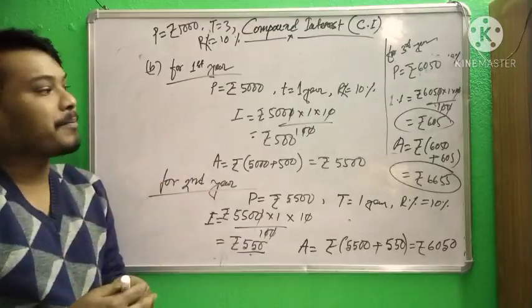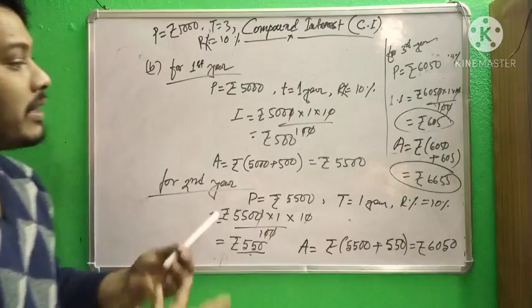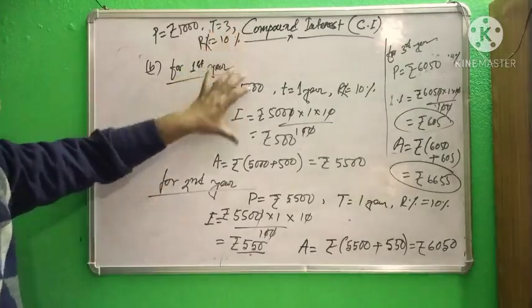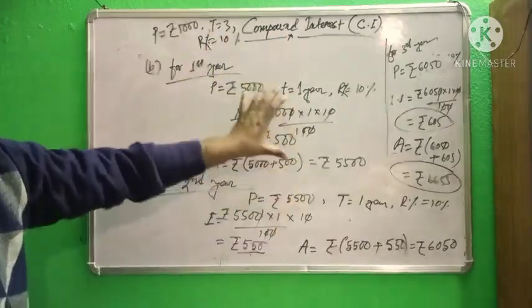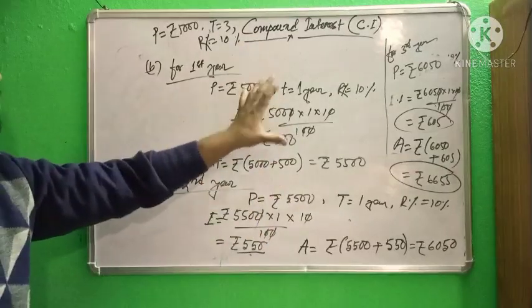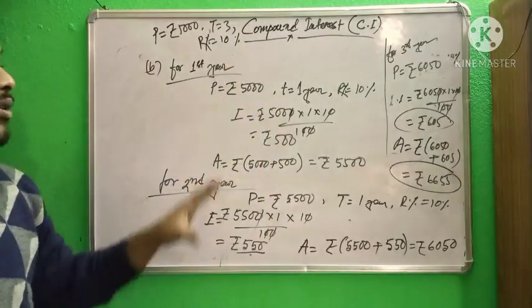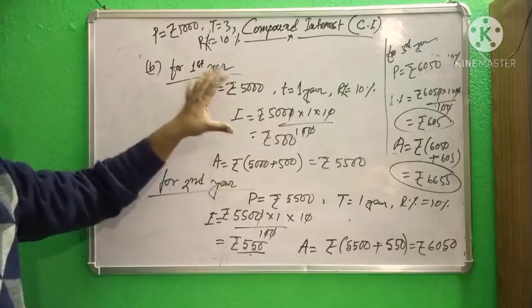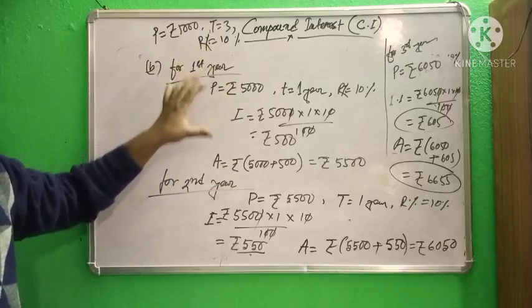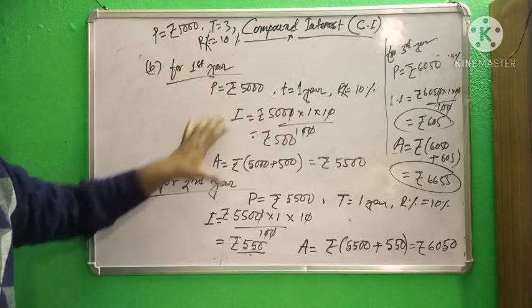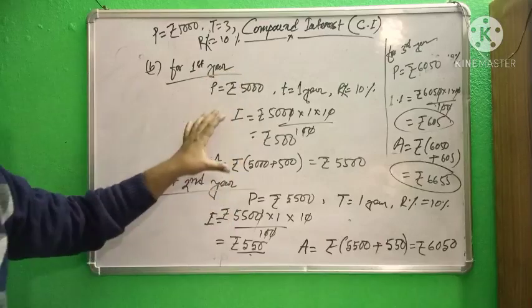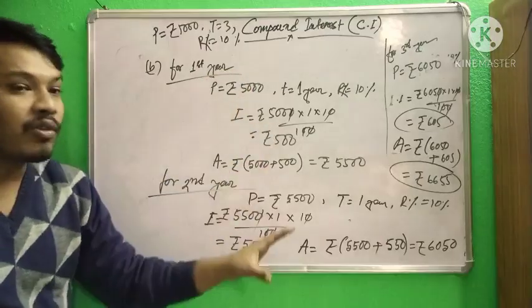Very easy, but we do not follow this process when we find the compound interest. But for understanding, the concept will help. So the first exercise is based on using the concept.